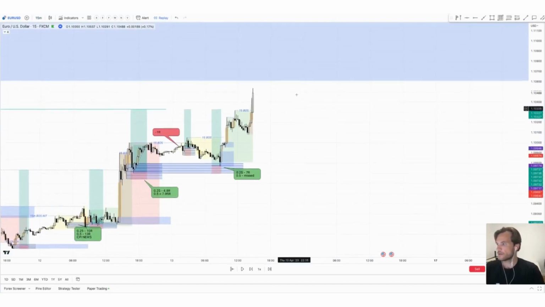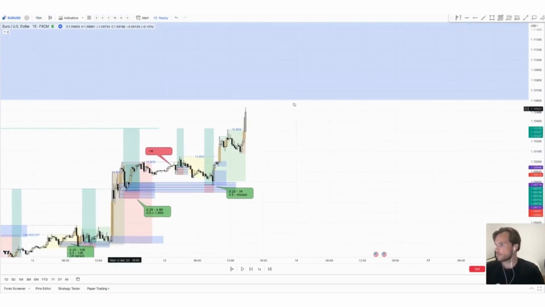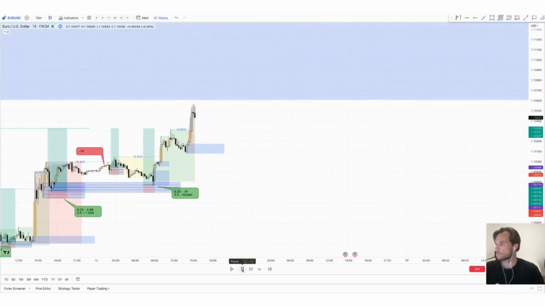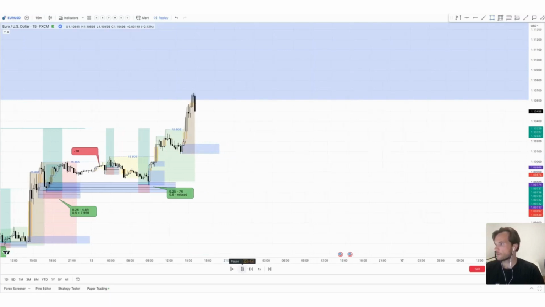Big area of supply. We had a huge pullback last time we came just before it. So definitely be aware of that. Okay, no, we had a higher high, so this isn't valid for me. This is still valid if we do come back.